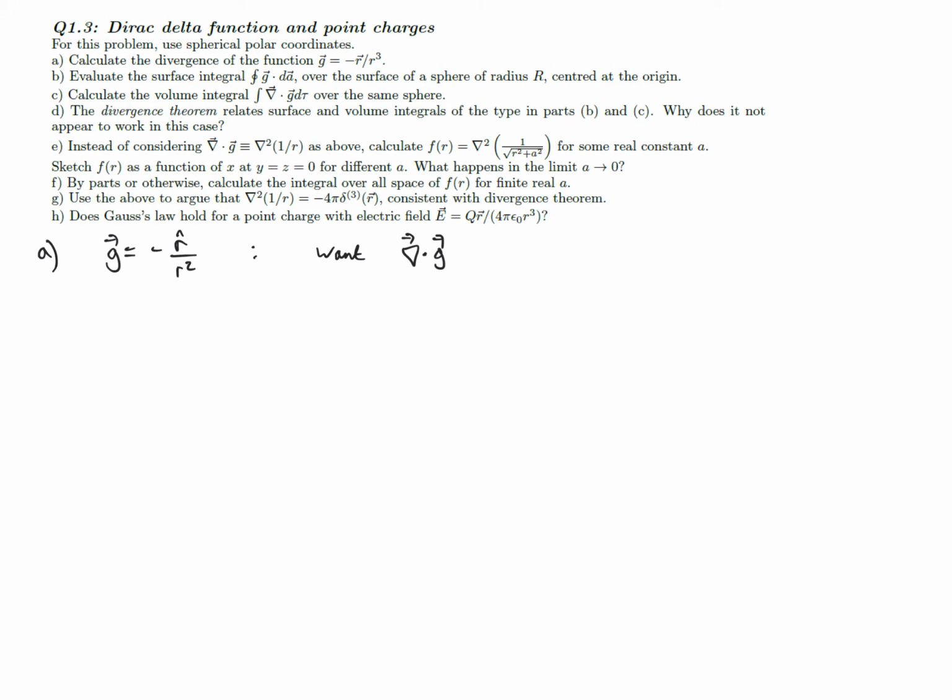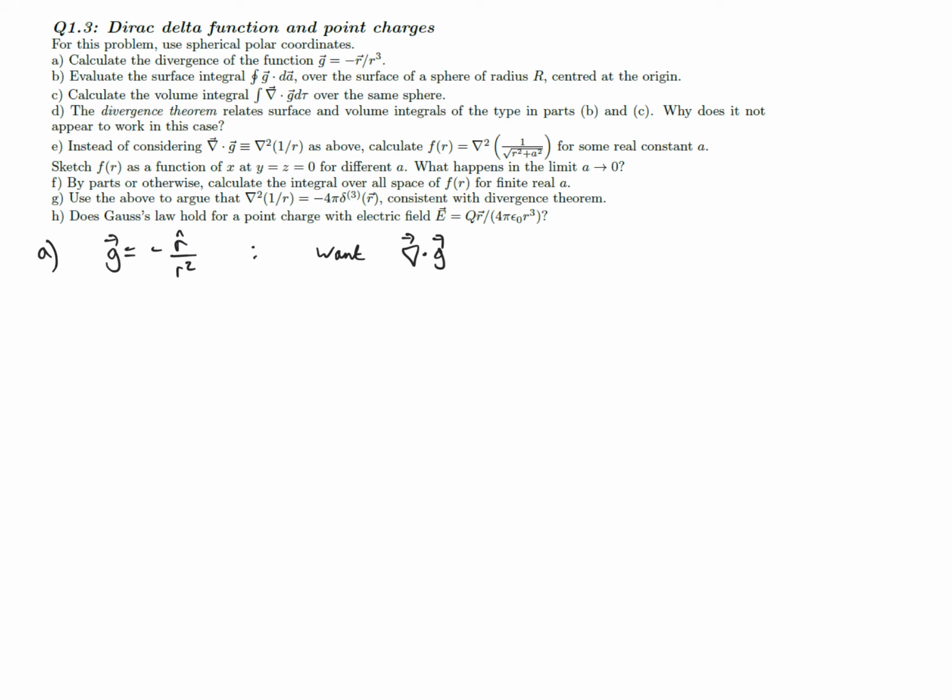Again, it makes sense to do this in spherical polar coordinates because we have a vector that is just pointing in the radial direction, and its magnitude varies only according to the radial distance.